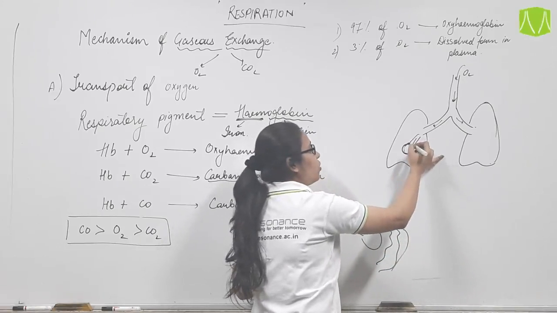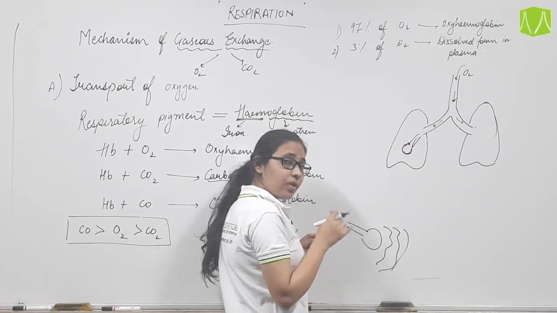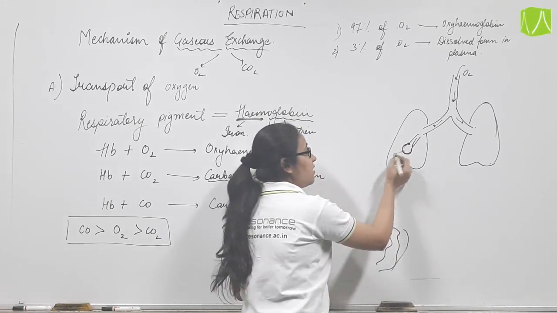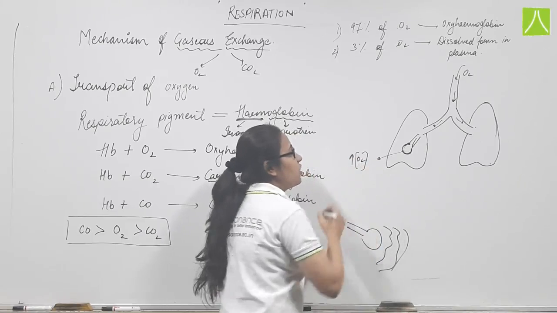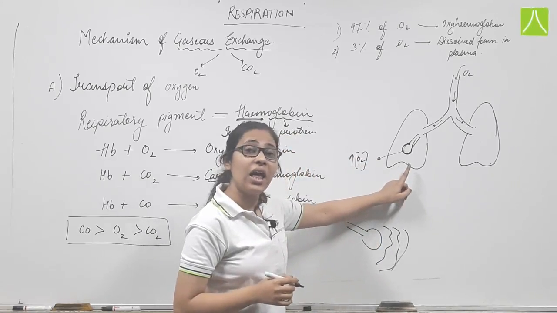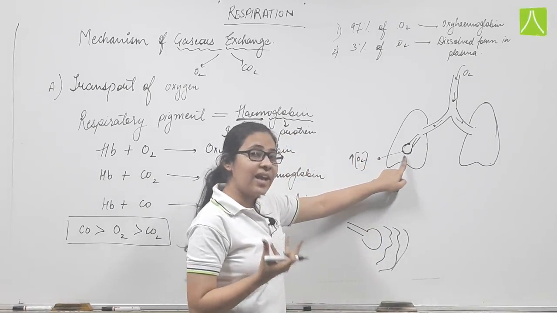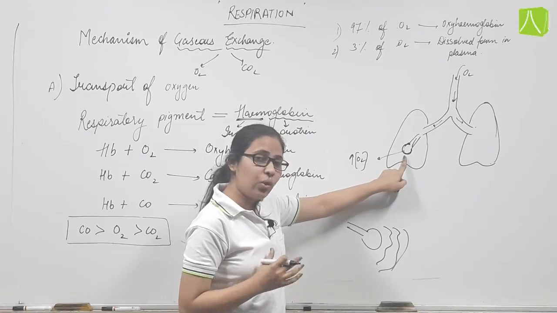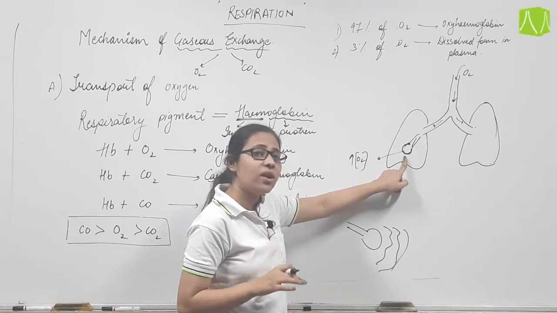So when O2 reaches the alveoli, the concentration of O2 is high in the alveoli. Gases also show diffusion. We know that gases move from their high concentration to their low concentration, and this is known as diffusion.